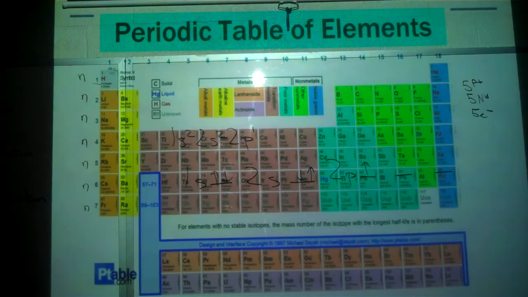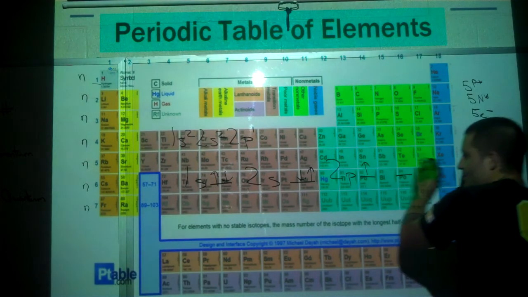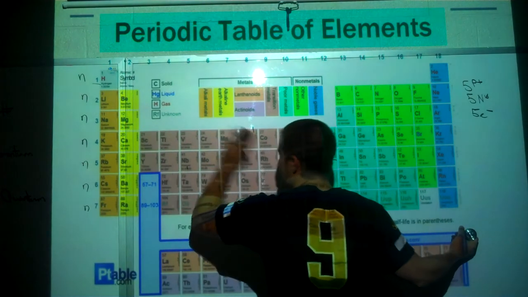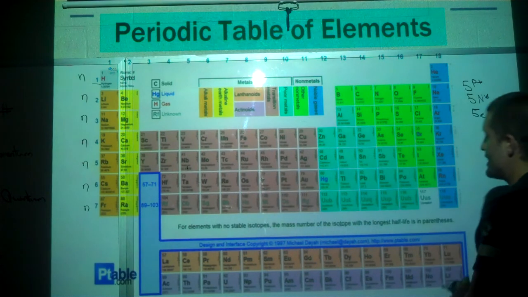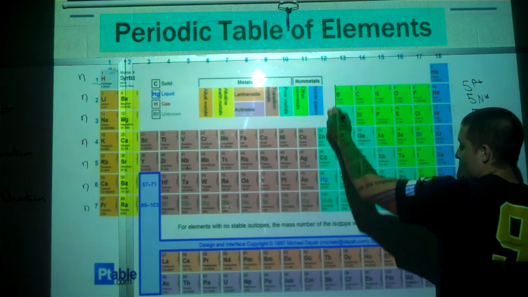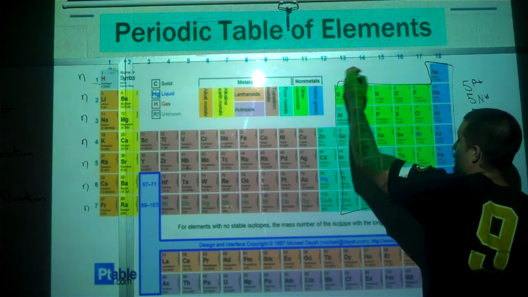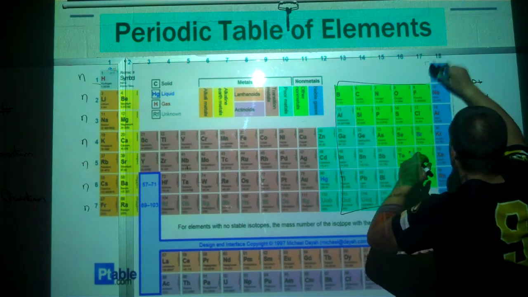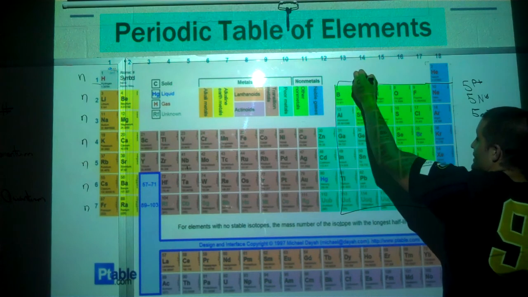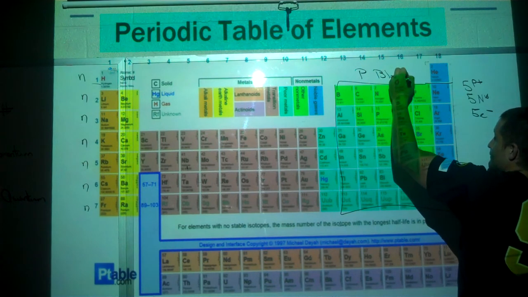Now, another thing that will help you out is that you may write this on your periodic table. Excluding this one, this is the P block.